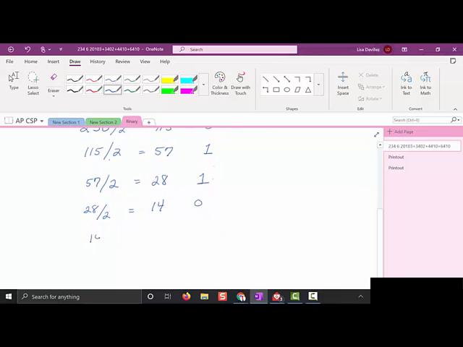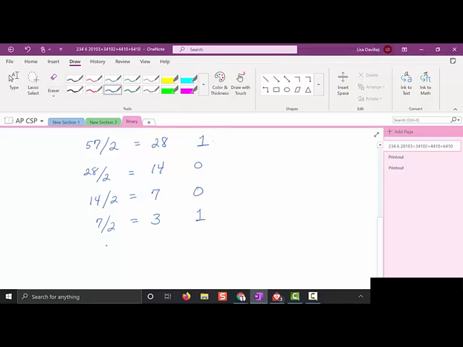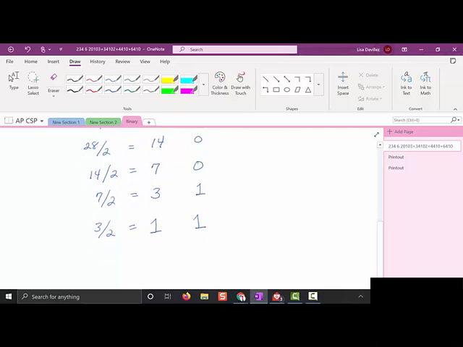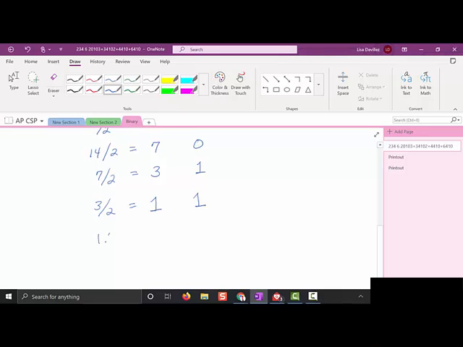And 14 divided by 2 is 7 with a 0 remainder. 7 divided by 2 is 3 with the remainder of 1. And then 3 divided by 2 is 1 with a remainder of 1. And 2 goes into 1 0 times with a remainder of 1.